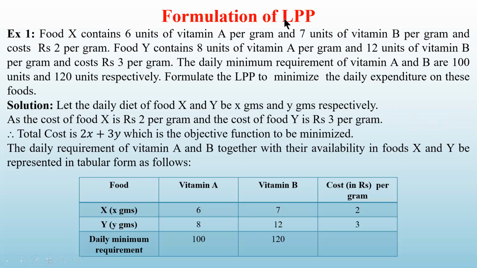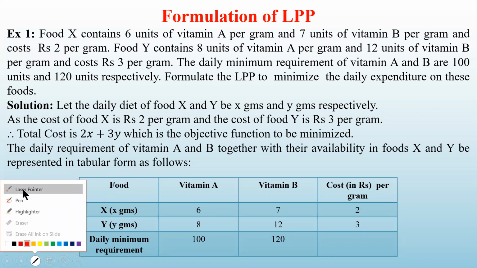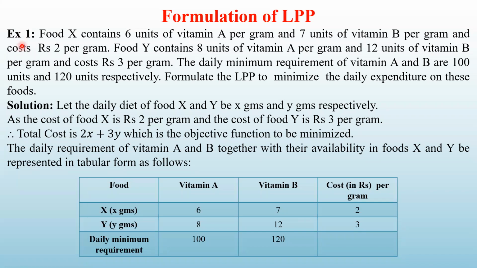Look here, formulation of linear programming problem. You will be given some situation and you are going to convert that real life situation into a linear programming problem. Some data will be given to you. So let us read this question. Food X contains 6 units of vitamin A per gram and 7 units of vitamin B per gram. You know that the food which we are eating contains vitamins, right?